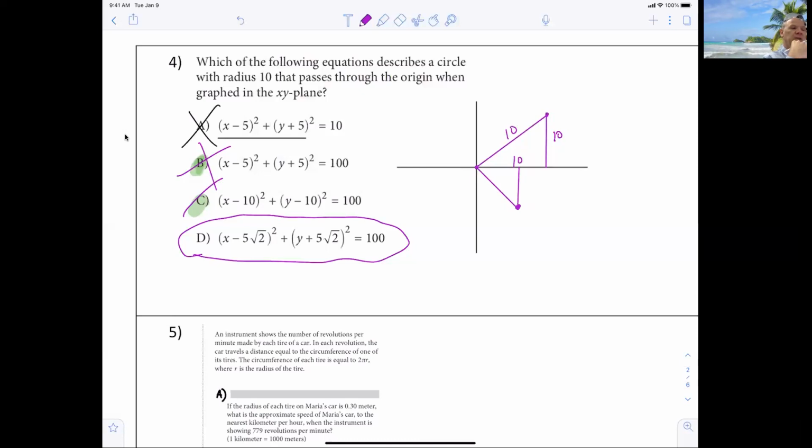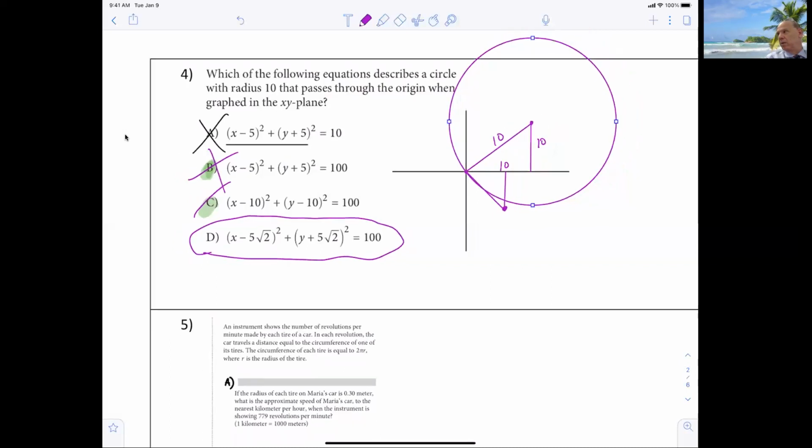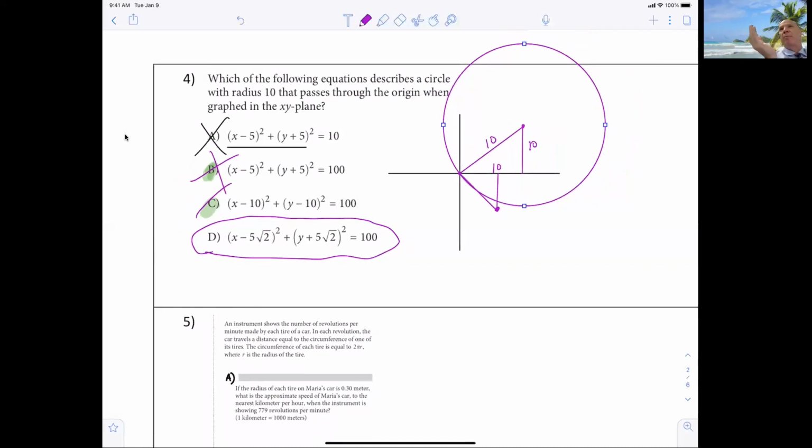No, it says it passes through the origin. So look, from here, watch. I'm going to create a circle that passes through the origin. Yeah, see? The visual. No, and I'm telling everybody, I understand the difficulty.